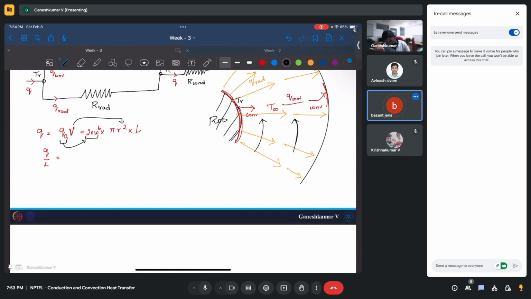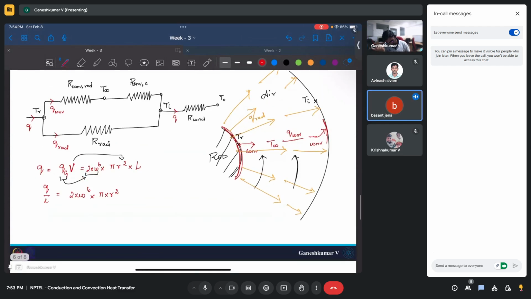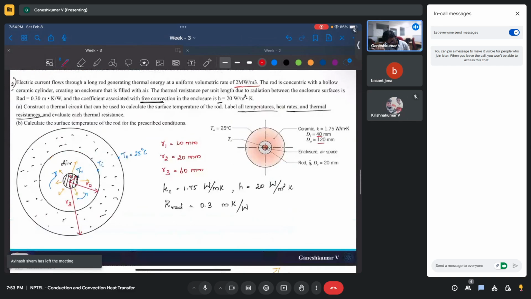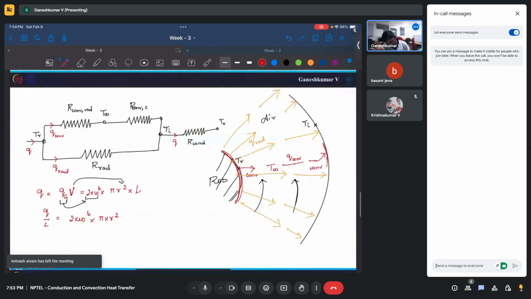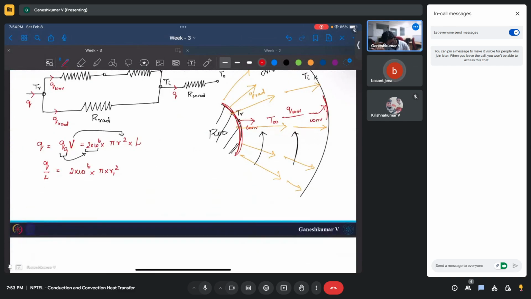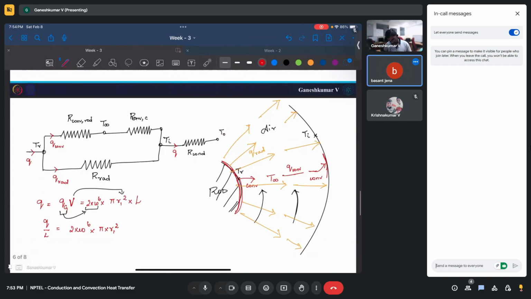So Q by L is 2 into 10 power 6 into pi into r square, where r is the radius of the rod, which will be r1.